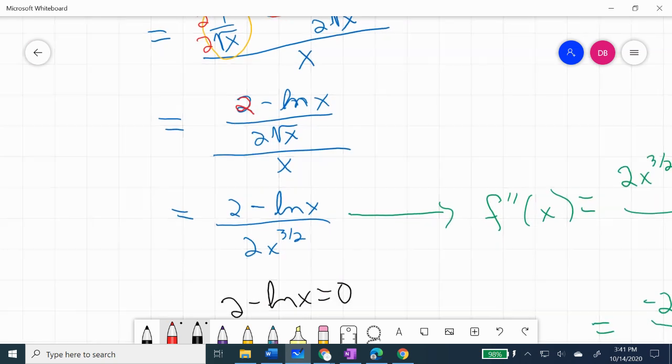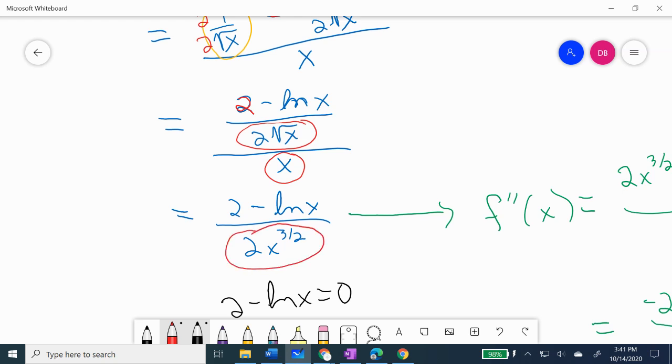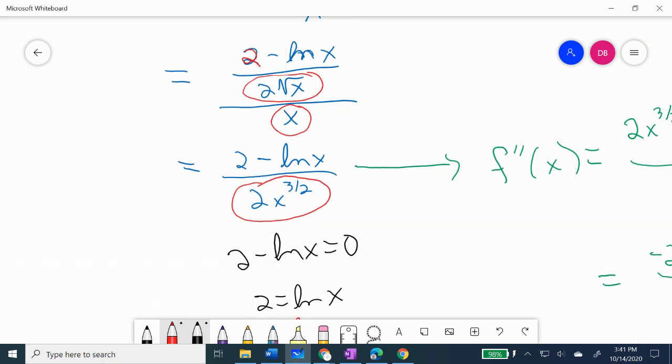When I combine this denominator of the numerator with this denominator, they end up multiplying in a singular denominator. Now, I'm trying to find what makes this equal to 0. So, what makes 2 minus natural log x equal to 0?